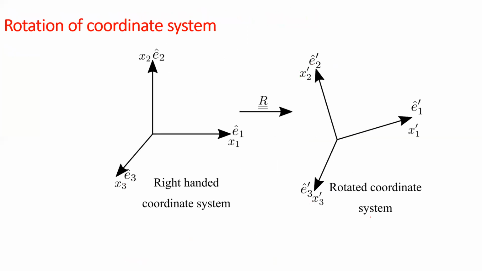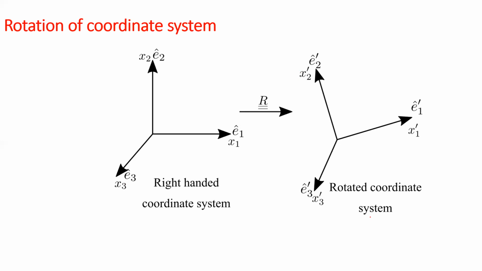And the last thing, we have seen what happens to a vector when it is being rotated. Now let us try to do the same thing. The left hand side figure is showing a particular right hand coordinate system whose unit vectors are E1, E2, E3. E1, E2, E3 need not be I cap, J cap, and K cap.